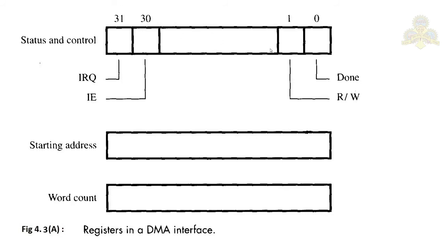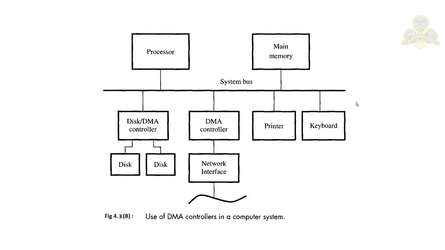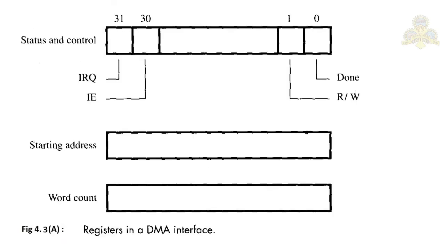The first one is the read write bit, the first bit. It determines the direction of transfer, whether it is read or write. So when this bit is set to 1 by the program instruction, the controller performs the read operation. Remember, whenever this read bar write bit is set as 1, that means it is a read operation, otherwise it is a write operation.